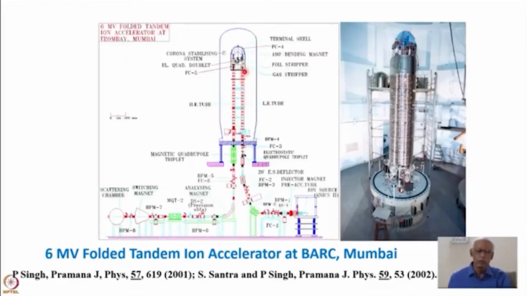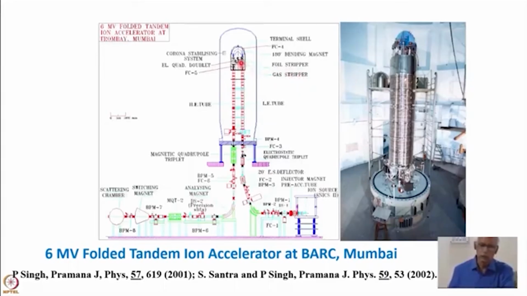So these negative ions are here, but if they have to come back here and be accelerated further by Coulomb repulsion in the second accelerating tube, the polarity has to be changed. These negative ions have to be changed to positive ions, and that is done in a stripper system here. It could be a foil stripper or it could be a gas stripper.